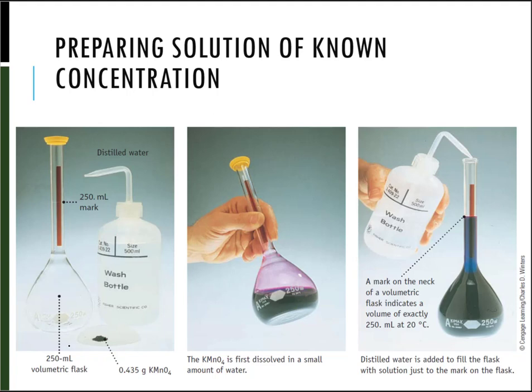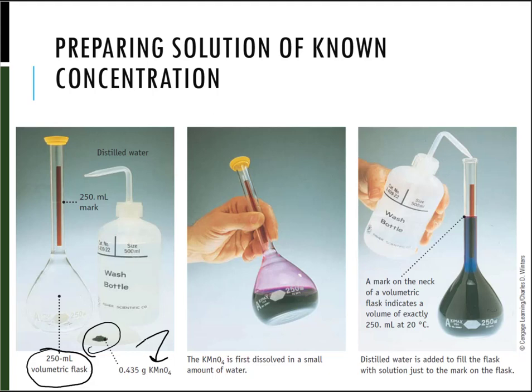We start with a certain size of volumetric flask. A volumetric flask is a much more precise way of measuring than, let's say, a beaker. In this case, we have a 250 milliliter volumetric flask, and I weigh out a certain amount of my solute: 0.435 grams of potassium permanganate.